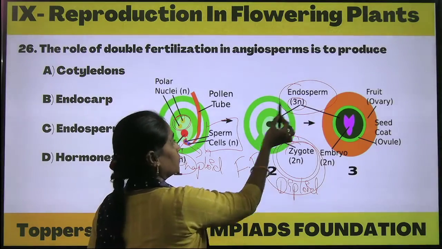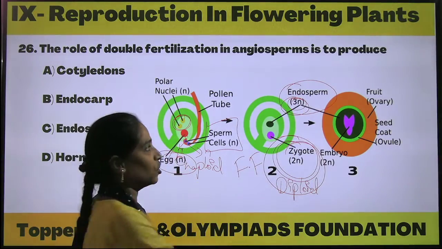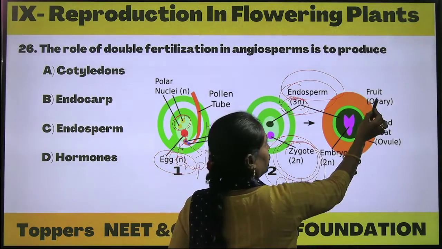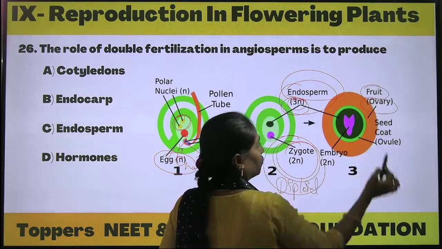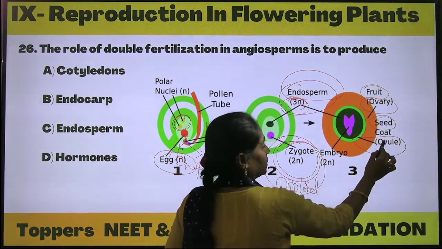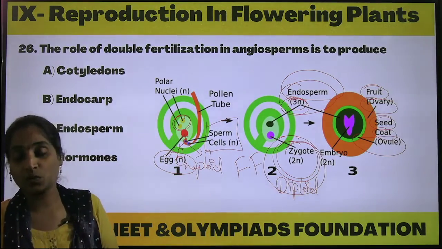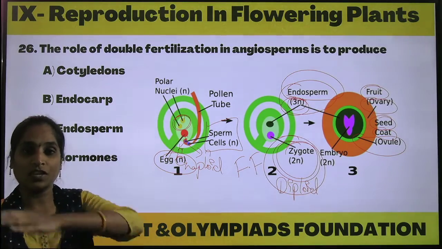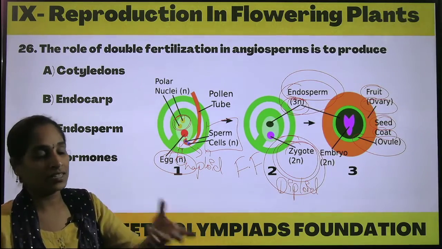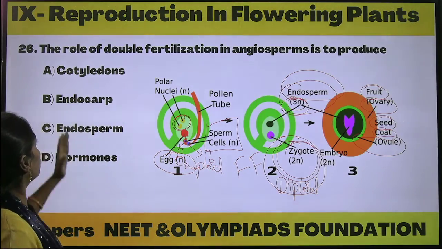So here the 3N nuclei help in the formation of endosperm, right? And next we can observe the formation of a fruit from the ovary, and fertilized ovules developing into the seeds, and the seed coat we have discussed previously in the first concept, the first question. The integuments which surround the ovules are responsible for protecting the seed, called protecting coats.